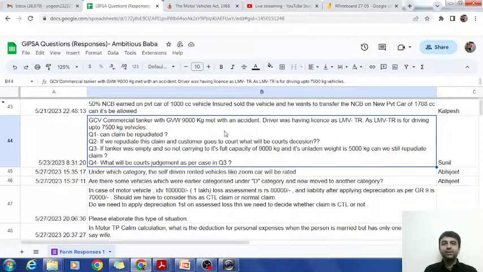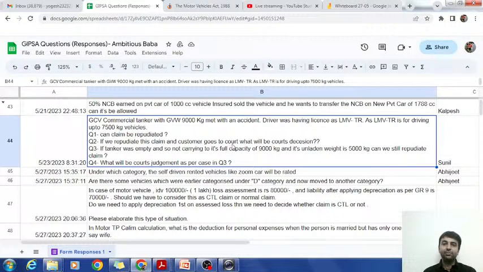So, a vehicle with GVW of 9000 kg met with an accident, and the driver had a driving license of LMV TR but not the transport license. Can the claim be repudiated? Yes, a claim can be repudiated because he was not holding the effective driving license to drive this tanker.